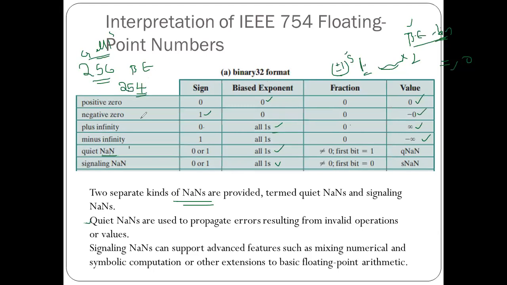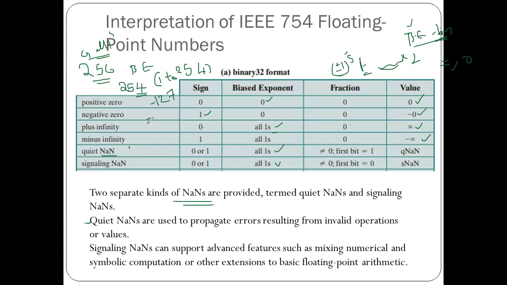Allowable biased exponents are 1 to 254.